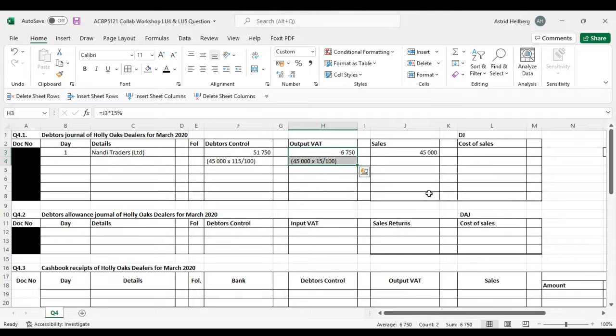Because we said our markup is 20% on the cost, our sales amount represents 120, and we want to know what the cost is, which is 100%. So to work out our cost of sales, we take the 45,000 times 100 over 120.